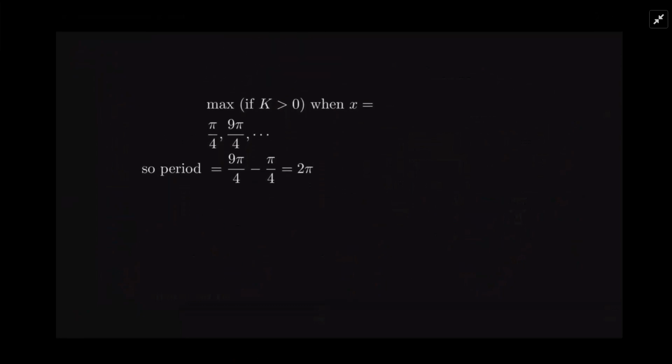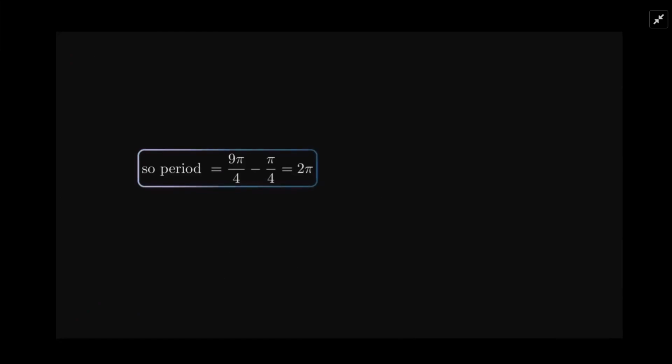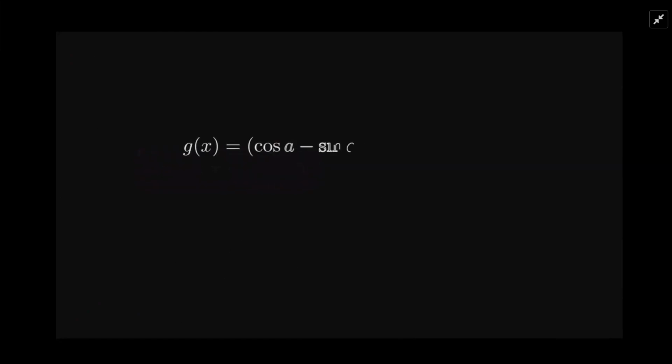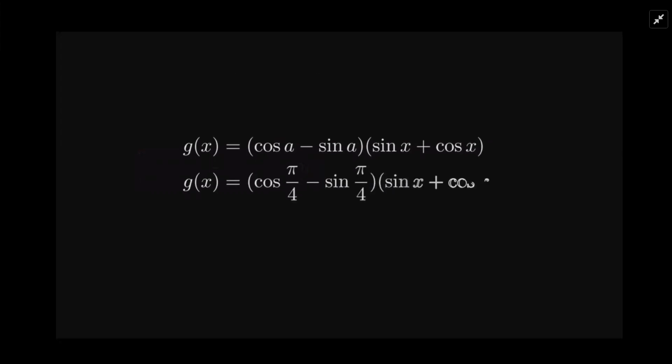Now part B. We want to look at it when a is equal to pi over 4. Go back to our original simplified function. Okay, pi over 4. Cosine of pi over 4 is equal to the sine of pi over 4, right? 45-degree angle.